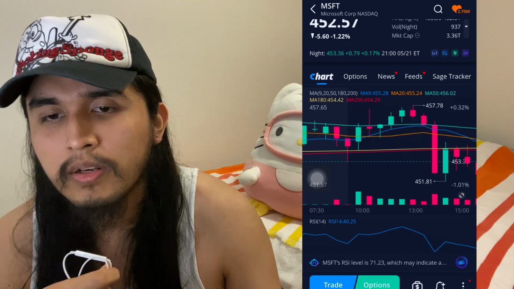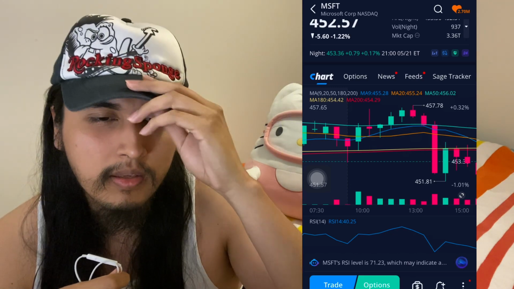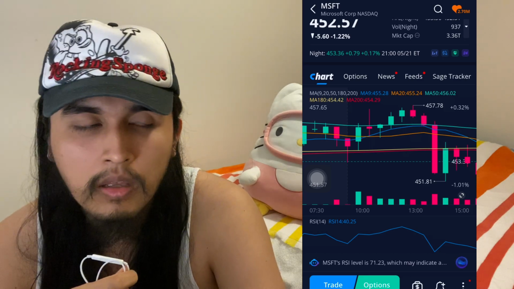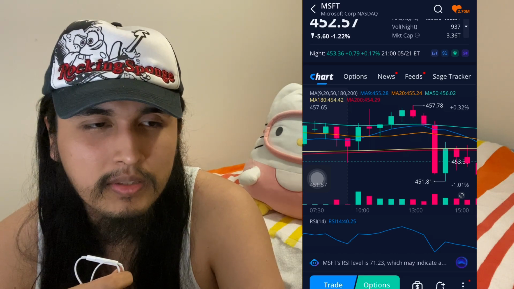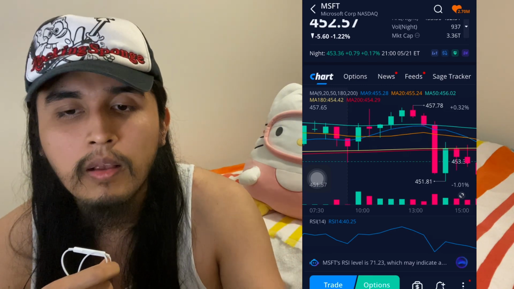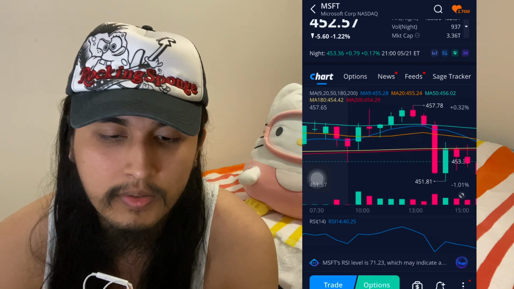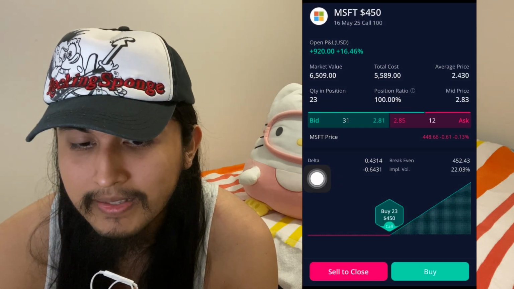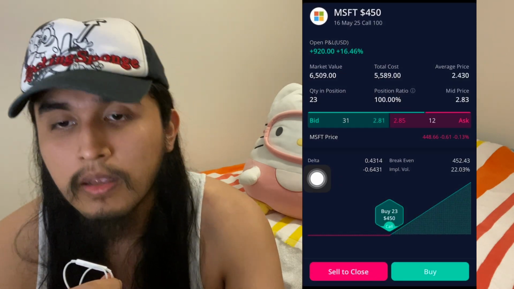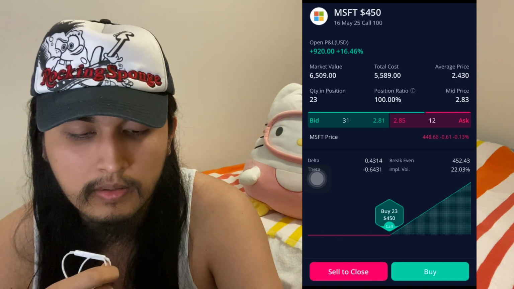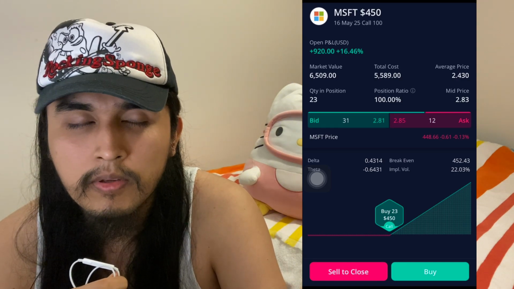So basically, try to use the moving averages as entry points, whether you're playing calls or puts. And then step two is just to sell out at your preferred percentage target. What I mean by preferred percentage target is pay attention to where it says 16.46%. So pay attention to the percentage of your position.